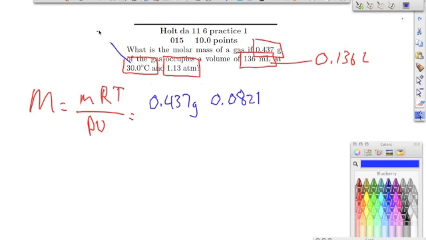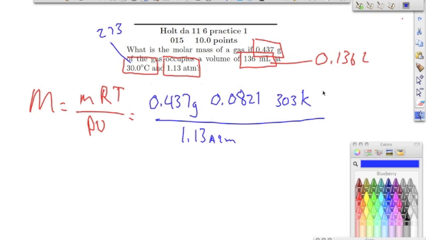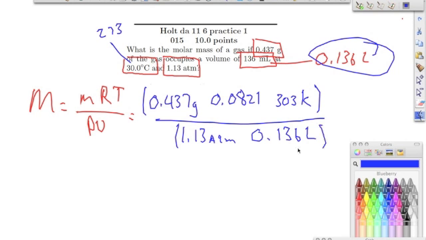Remember, for temperature we need to add 273, so we get a temperature of 303 Kelvin, all divided by our pressure in atmospheres of 1.13 atm, and a volume, which we changed to liters, of 0.136 liters. Remember, parentheses around the numerator and the denominator. Plug this in, and we should get a molar mass of 70.488 grams per mole.